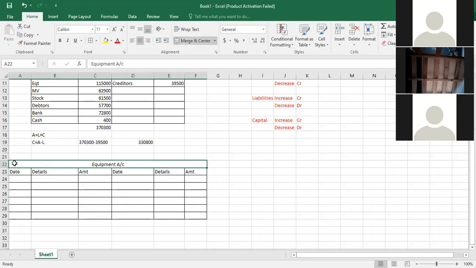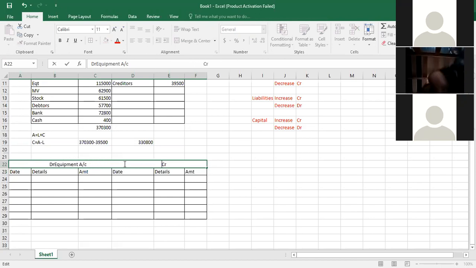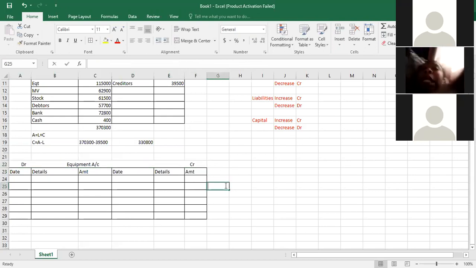This is the DR side. Let me just indicate DR. This is the credit side, CR. I'm forcing it to move to the other side so that we are able to see. So there we are. That is the illustration of our ledger.